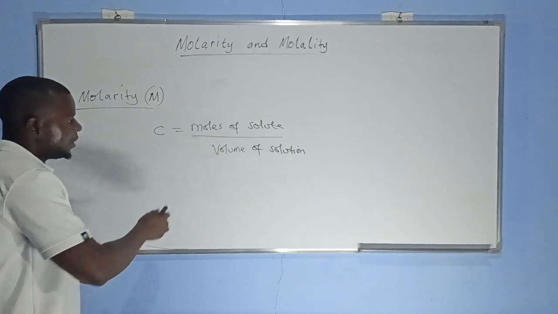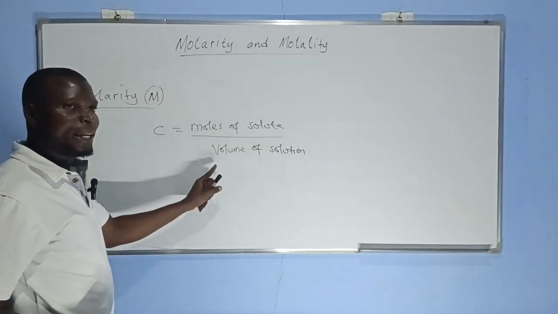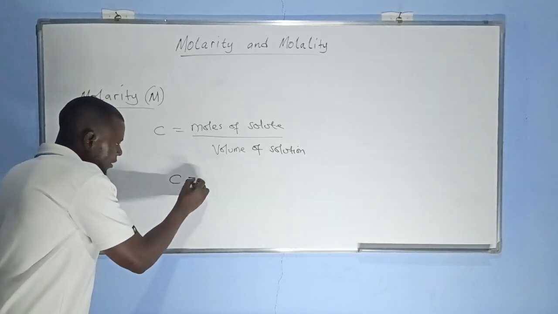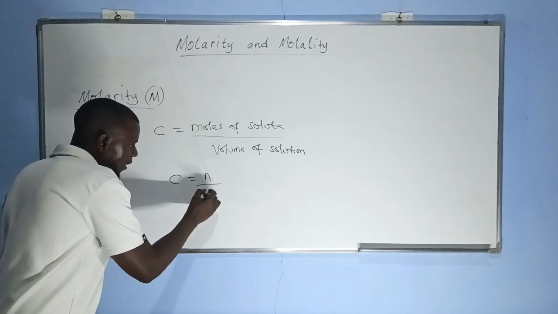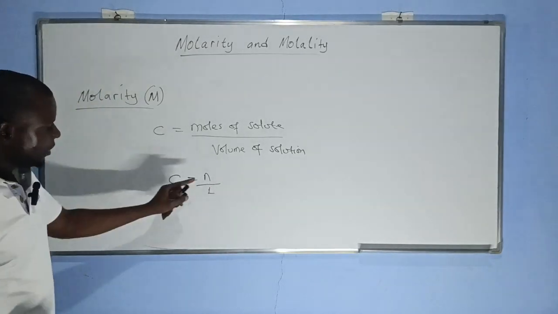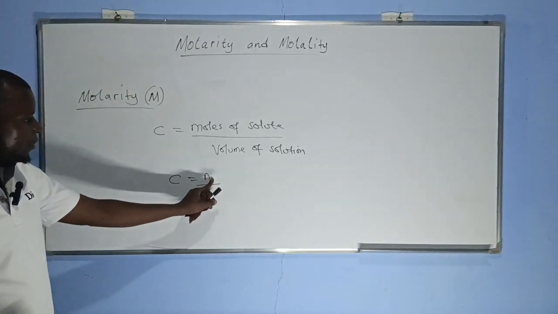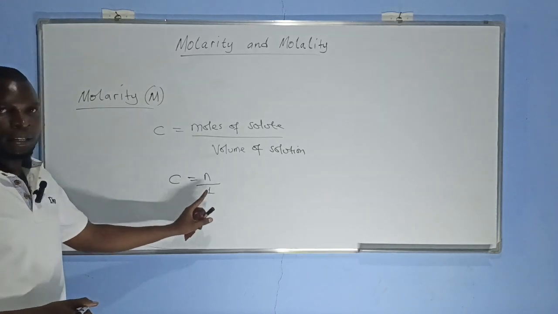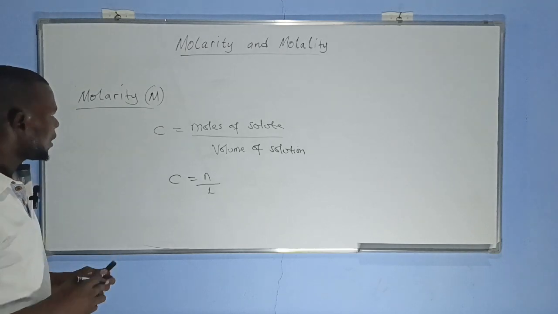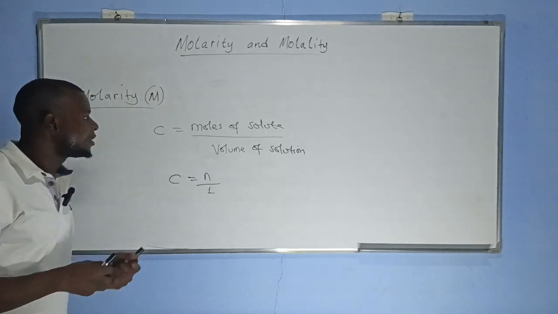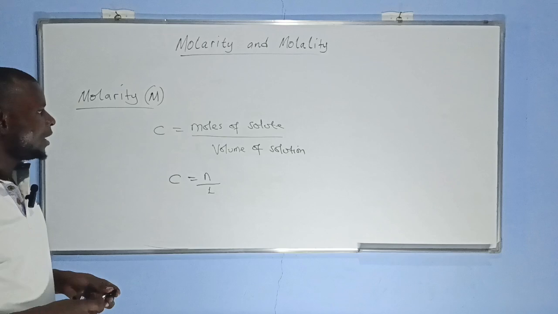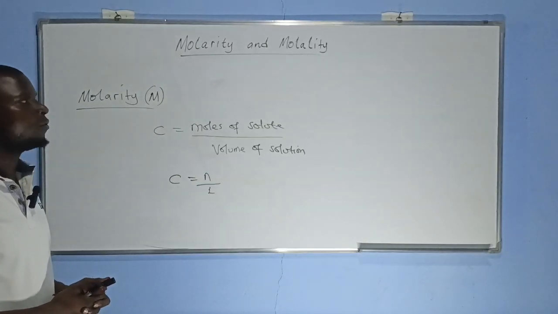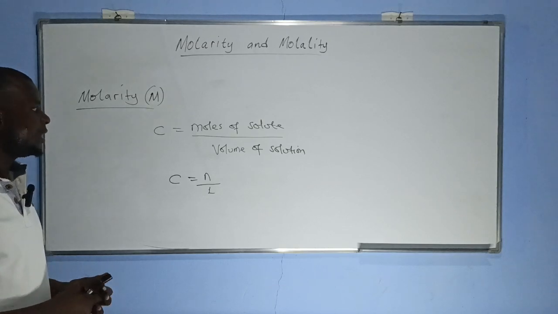In most cases, the formula will look like this: n over L, where we're saying this is number of moles per volume in liters of solution. So this is about molarity. It's calculated by dividing the moles of solute per liter of solution.